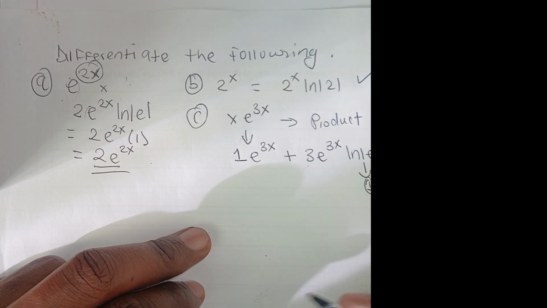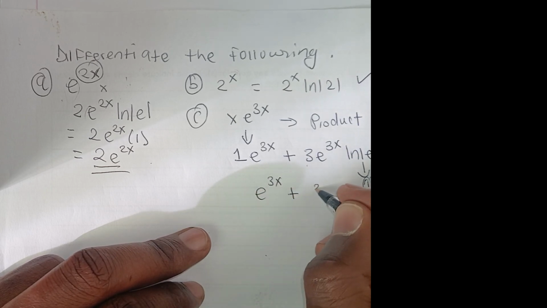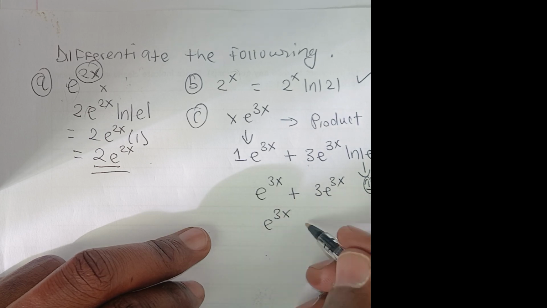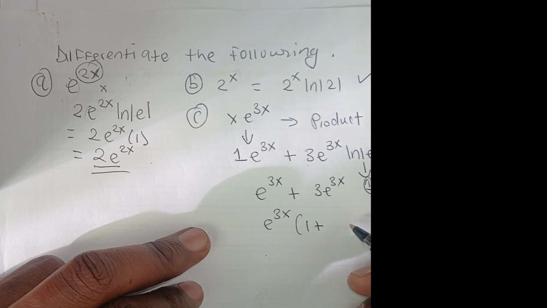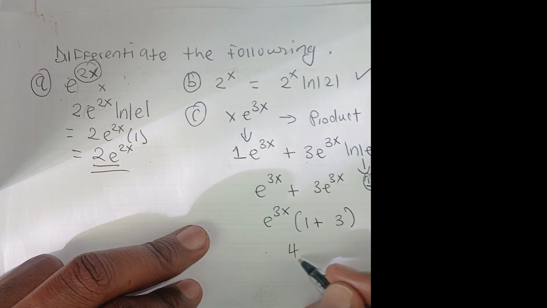Then the final answer is plus 3, right? So you can just factor out 1 plus 3, meaning your answer is 4.